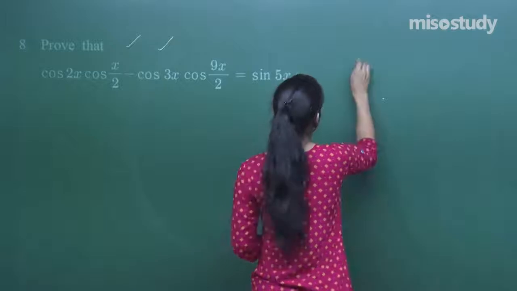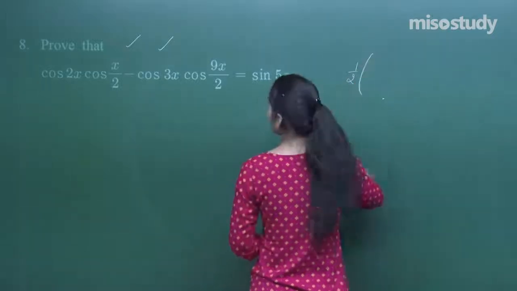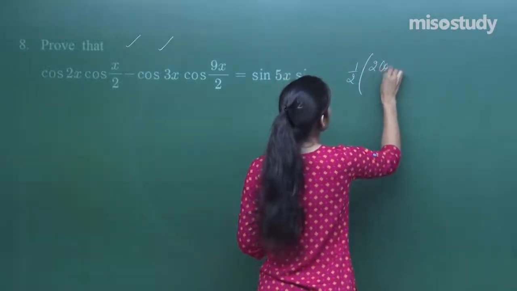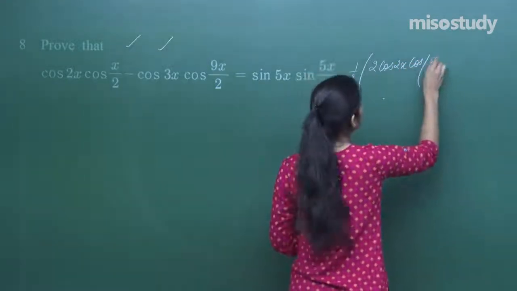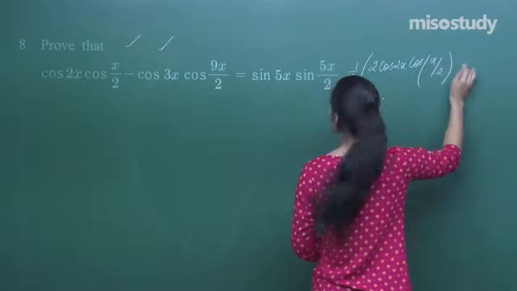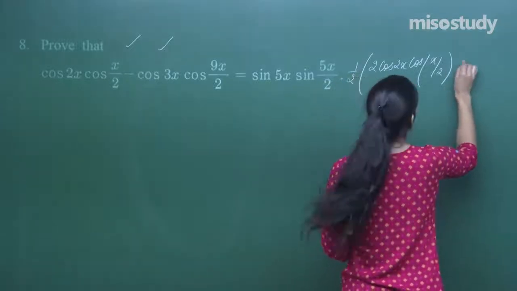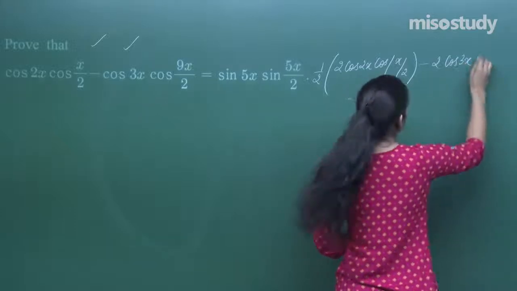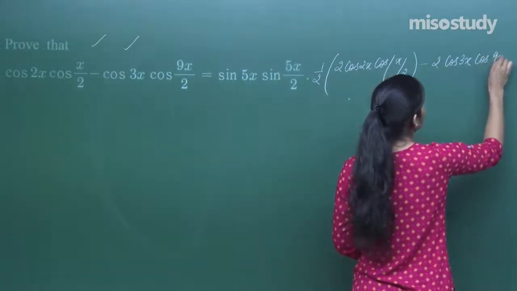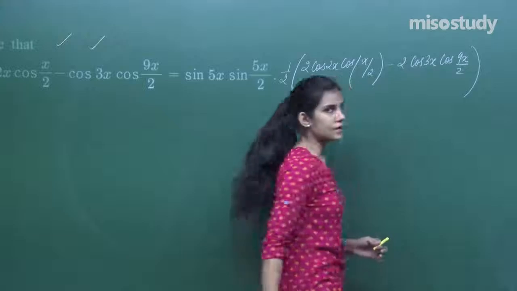So let's do that. I divide and multiply by 2, I get 2 cos 2x cos x/2. 2 cos A cos B is now built up. Then you have minus 2 cos 3x cos 9x/2. Again 2 cos A cos B built up.